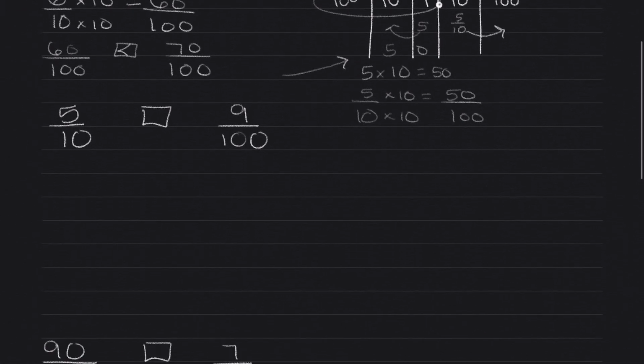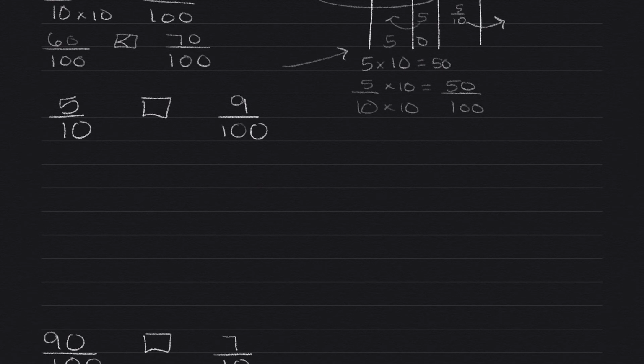Let's try another one. 5 tenths compared with 9 hundredths. Again, I cannot compare these fractions because they do not have the same denominator. One is a 10, one is a 100. I'm going to take my 5 tenths and I want to make it into hundredths. So again, going back to what we already talked about, I'm going to multiply by 10.